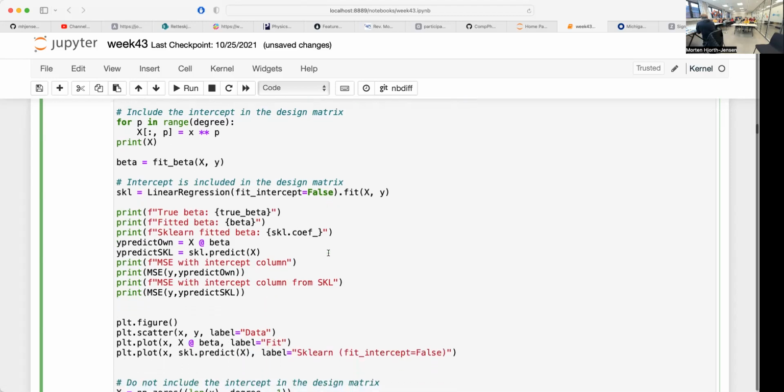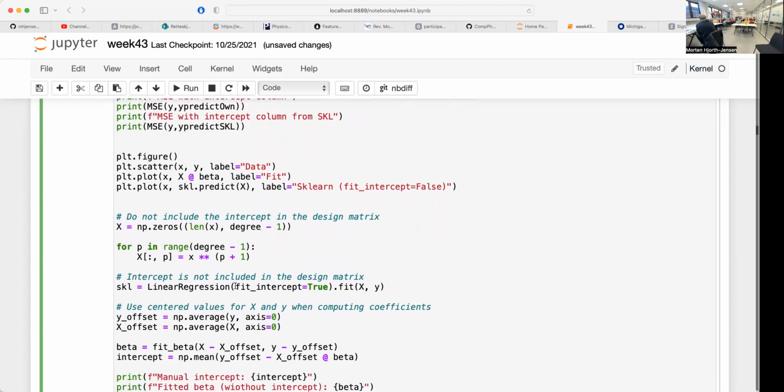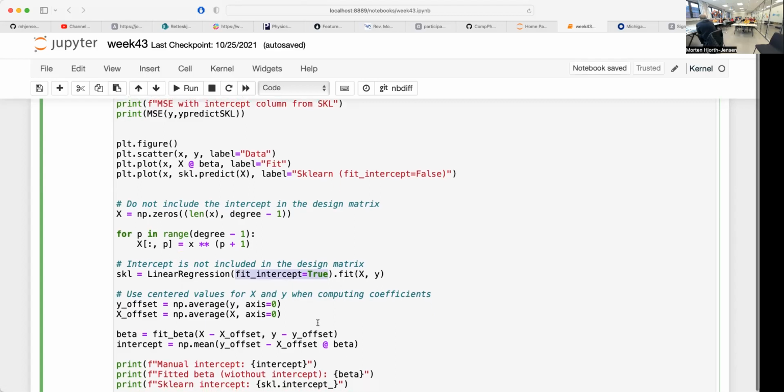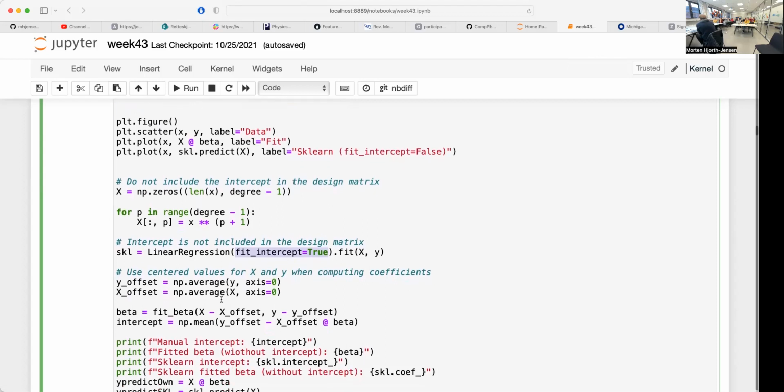Then next, if we go down, I can take away the intercept column. If I take away the intercept column, then I'm not including that in the fit. And then I actually don't need to write fit intercept true. You don't need it because it does it by default for you. But when you're comparing, you need to calculate the intercept explicitly.